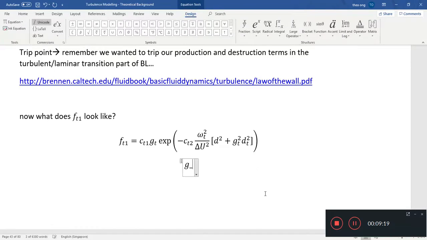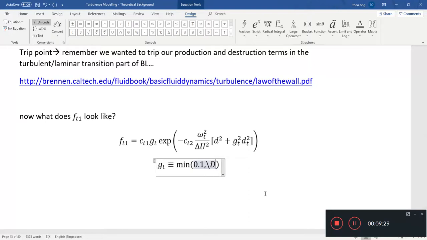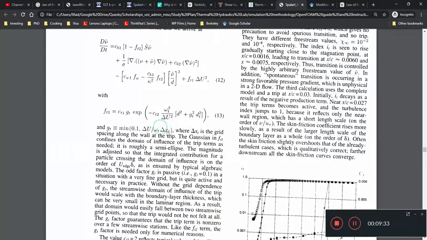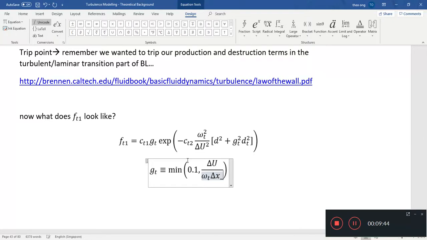So gt is defined as the minimum of 0.1, delta U divided by omega t delta xt.